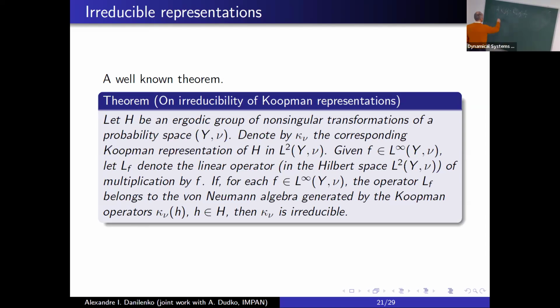It follows that A commutes also with L f for every f. But you know that L infinity is a maximal abelian von Neumann algebra.